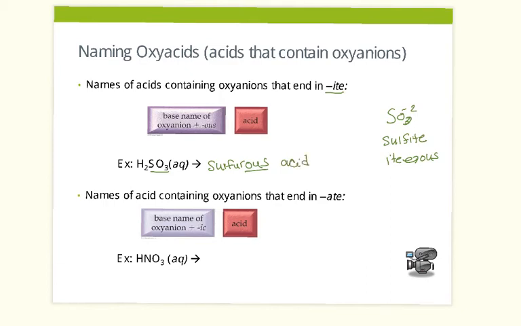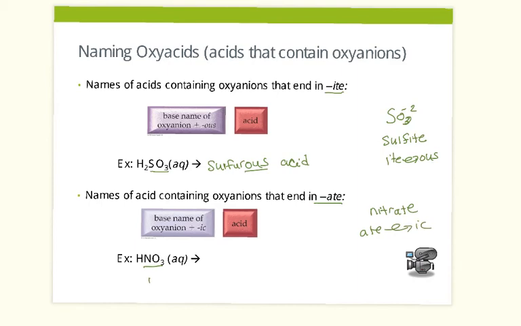Okay, here, if we want to name acids containing an oxyanion that ends in "ate," we change the "ate" to the ic ending. So in this example, we have nitrate. In nitrate, we have to change the "ate" to the "ic" ending.